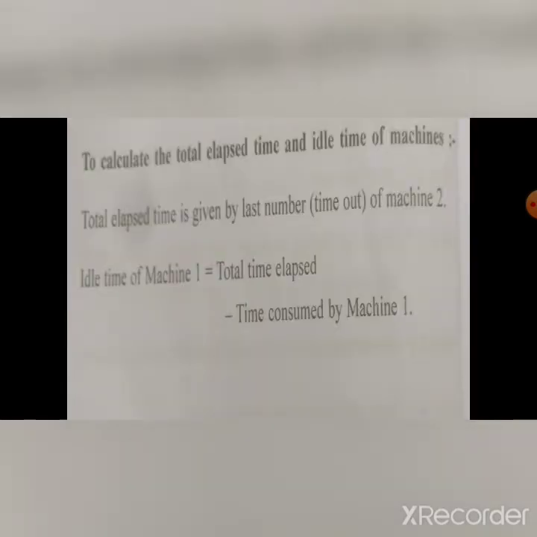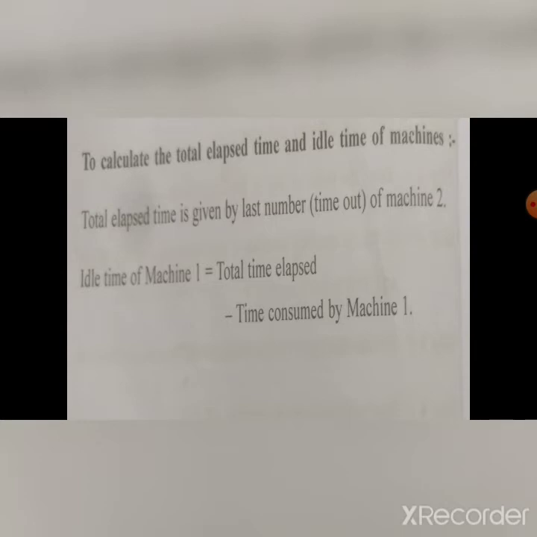So next we have one calculation, to calculate the total elapsed time and idle time of the machines. Total elapsed time is given by the last number of machine 2. That will be the last time out of all the jobs, which is your total elapsed time. Idle time for machine 1 as well as machine 2 uses the same formula.